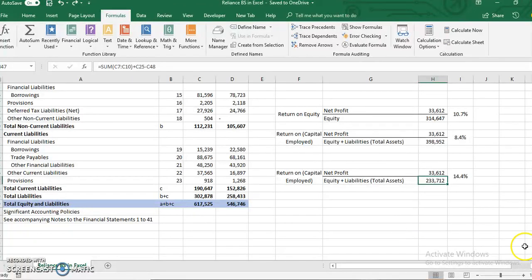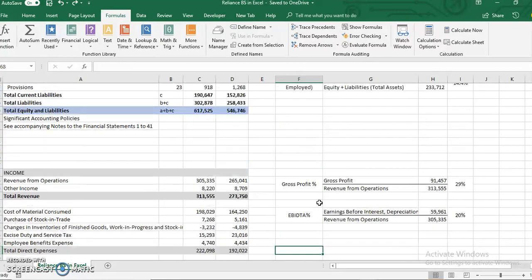Here is the revised rate of return, which is 14%, which is not bad. I'm not sure, because it's not compared with other industries, but it's better than the other two ratios. So these are the common interpretation problems with financial statements, and the lack of information or incomplete information they give.